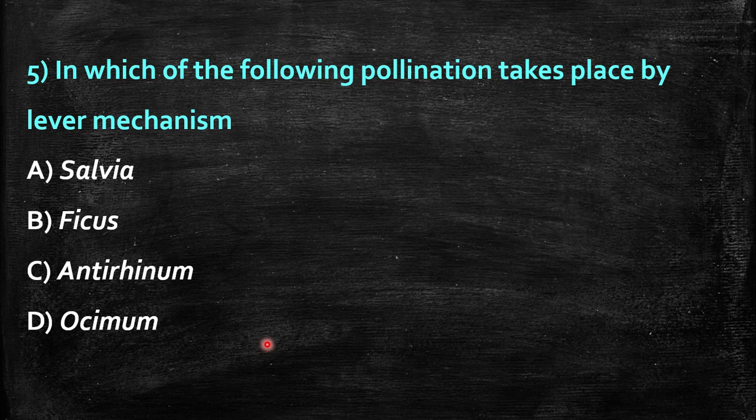Next, fifth question: in which of the following does pollination take place by lever mechanism? A. Salvia, B. Ficus, C. Antirrhinum, D. Ocimum. The answer is A. The lever mechanism is seen in Salvia.